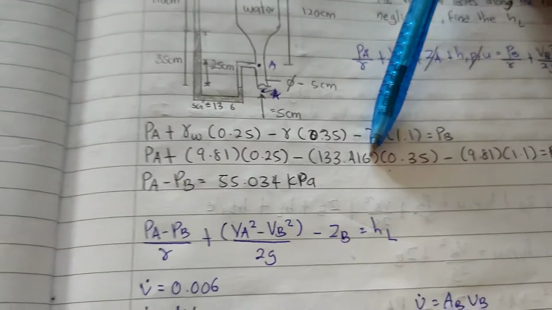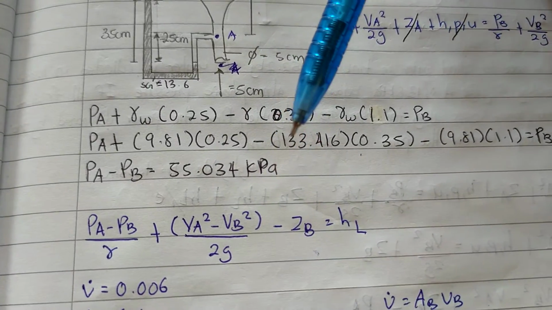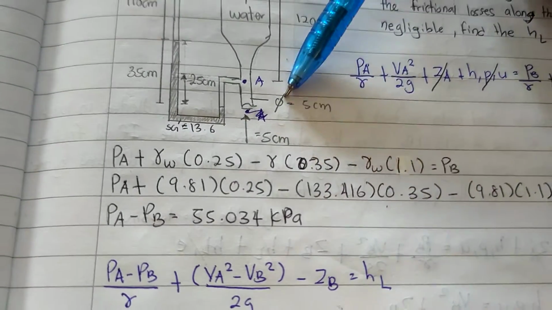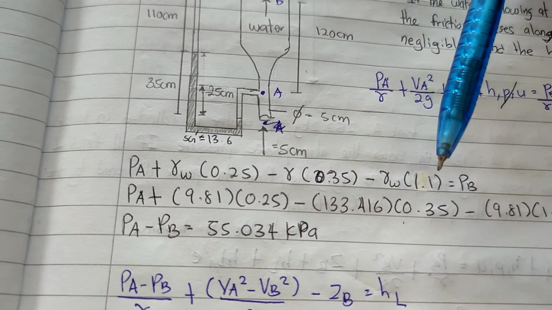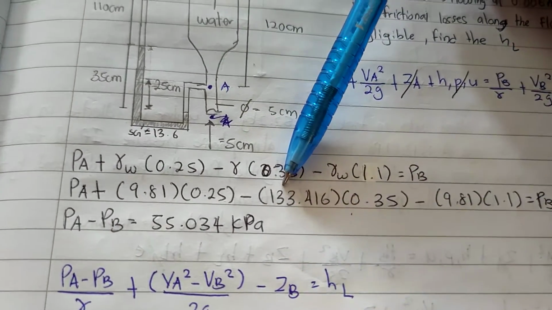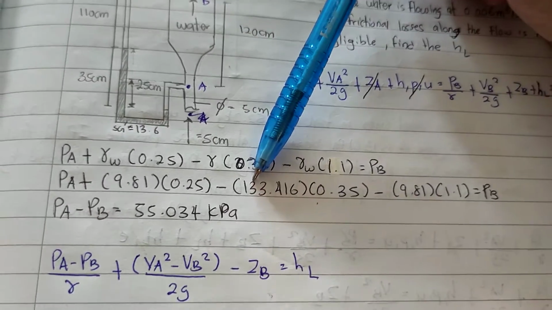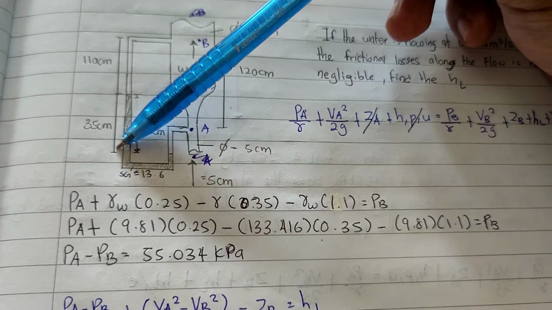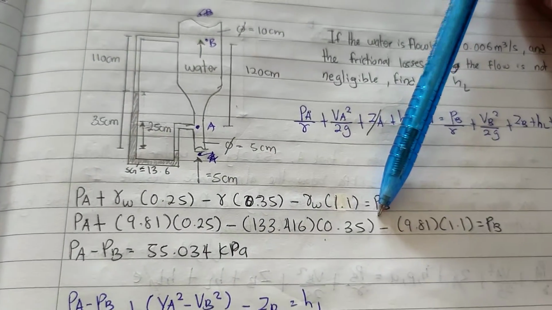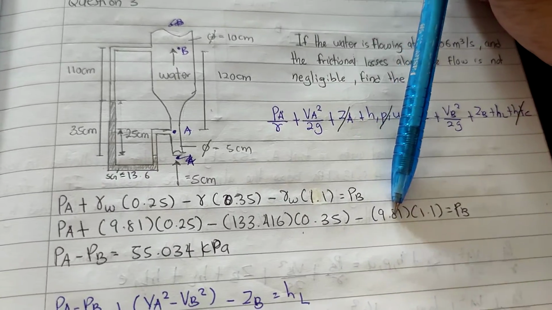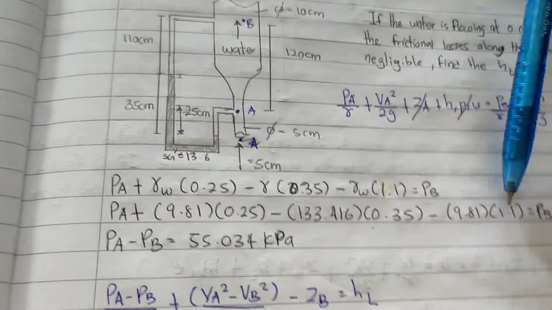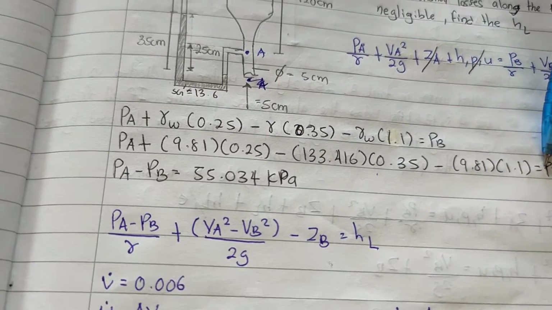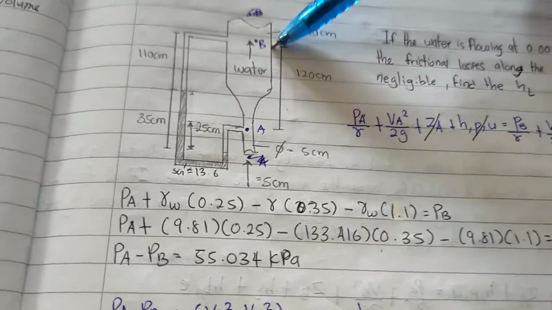You need to times by 9.81. It will become 133.416. Then you need to times by its height, which is 0.35. Then lastly minus 9.81, which is the water, times its height, 110 cm, changed into meter, which becomes 1.1 meter, equal to PB.